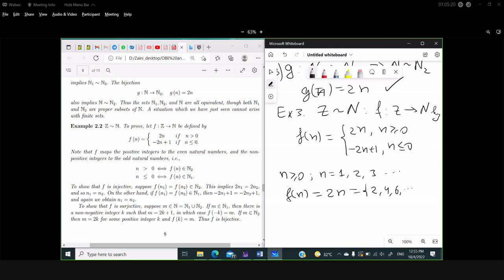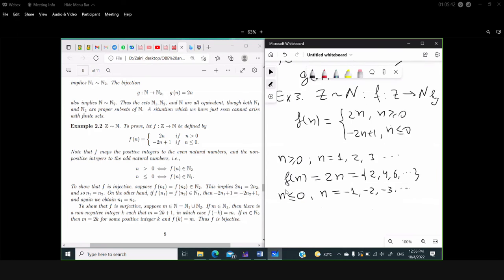Right? Okay, it is like this. Now, if n is less than or equal to 0, then the values taken are minus 1, minus 2, minus 3, and so on. Right?